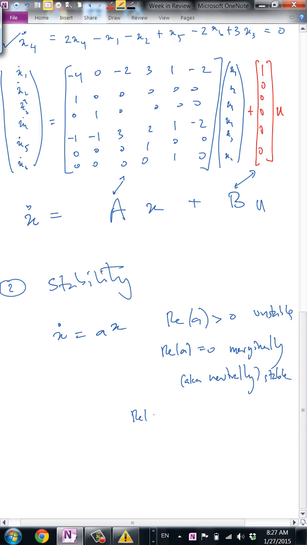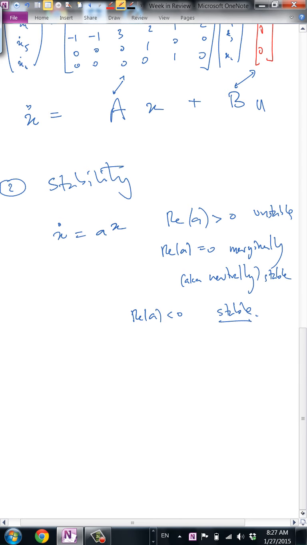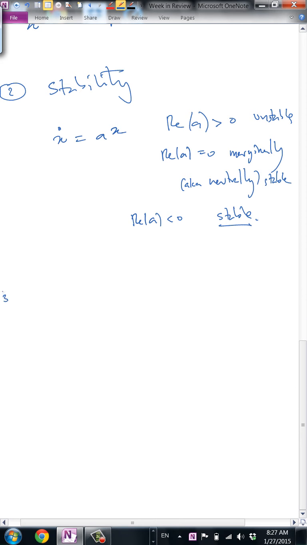And if the real part of a is less than 0, then we call this stable.